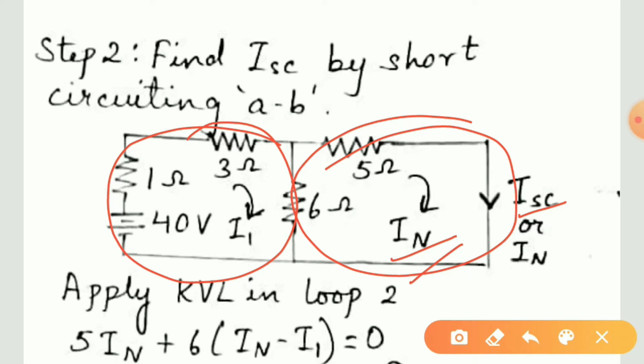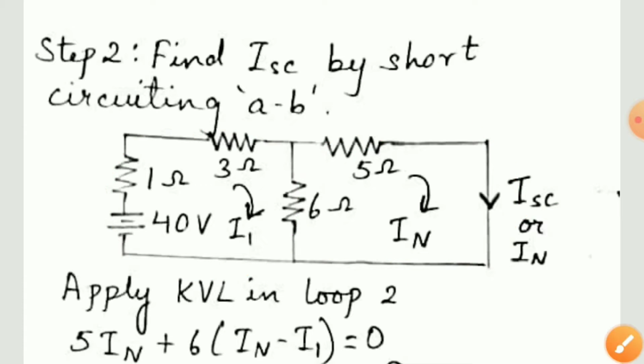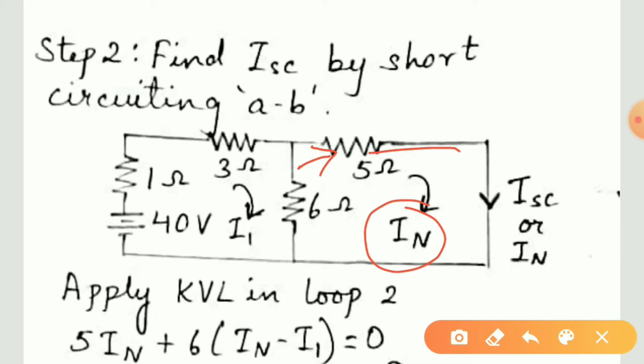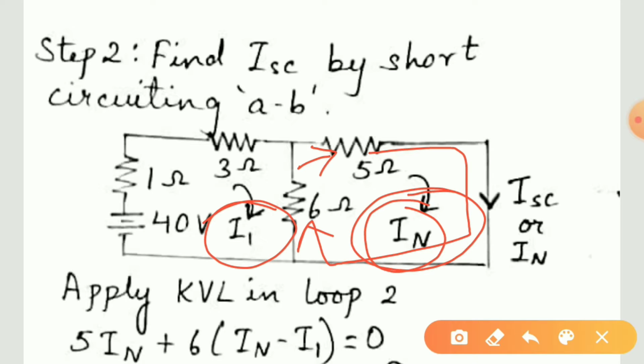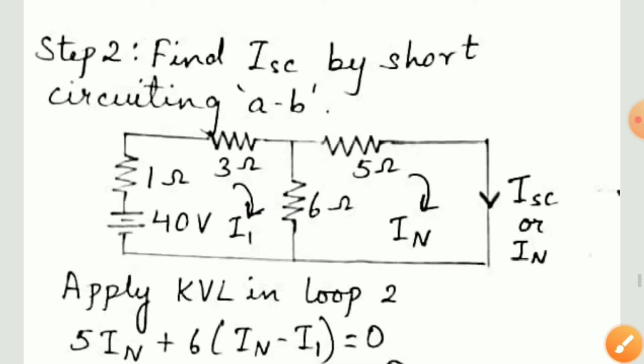On writing KVL equation for loop 2, we can obtain equation as 5 into IN plus 6 into difference in the current, that is major current IN minus neighboring current I1 is equal to 0.